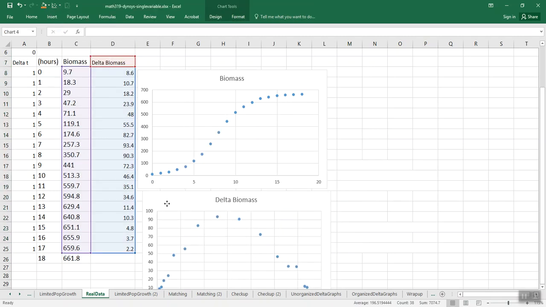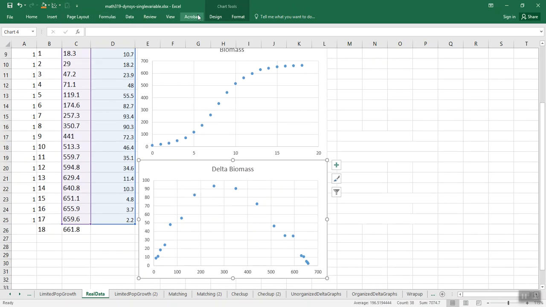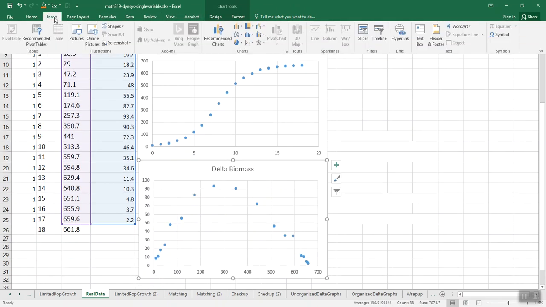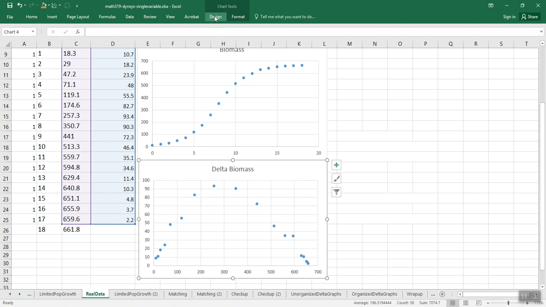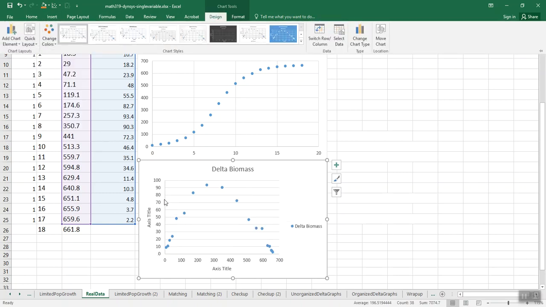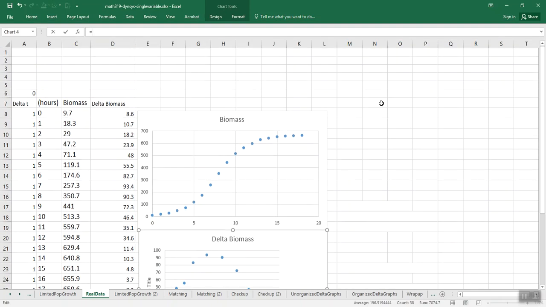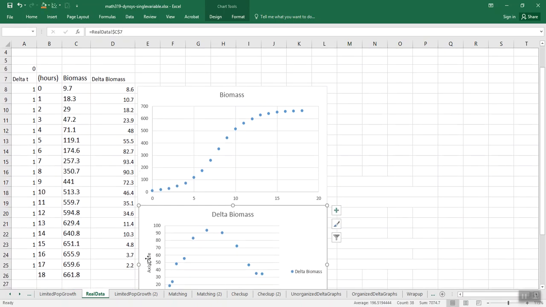So here's our delta biomass. We should really do a good job labeling this, because it's a different kind of graph than we've usually been doing. So this axis is biomass, not time, and this axis is delta biomass.